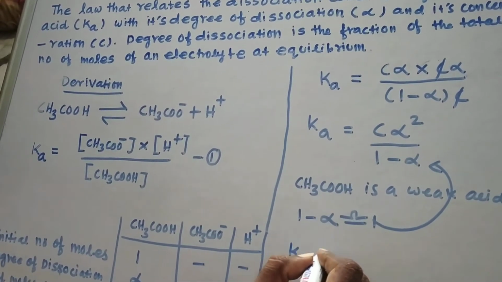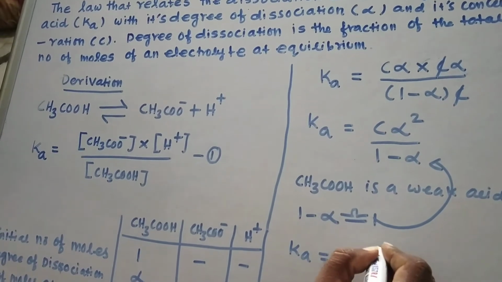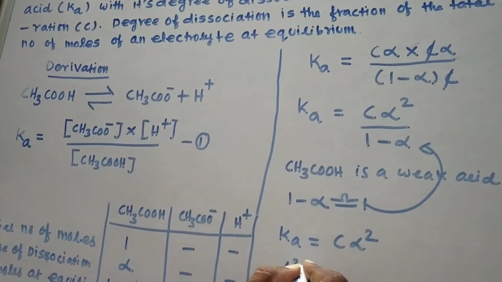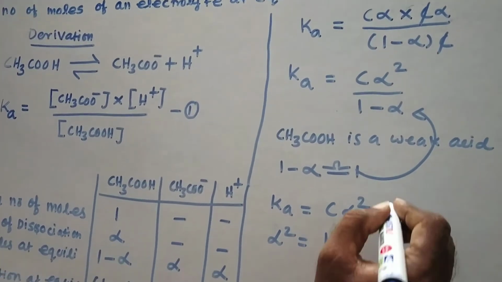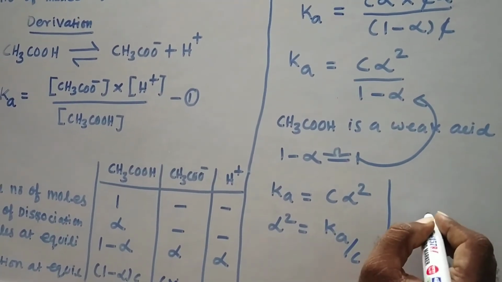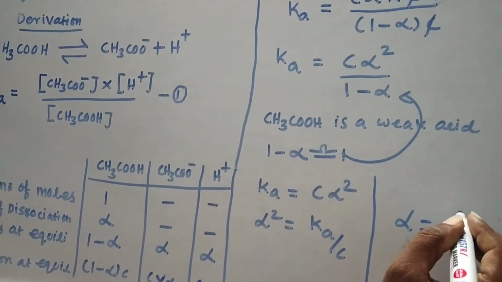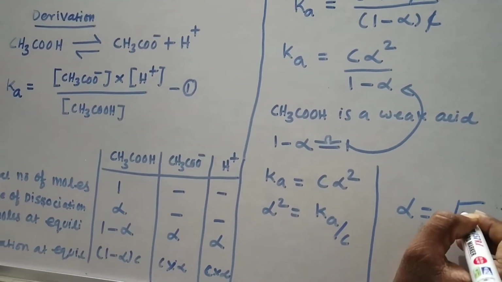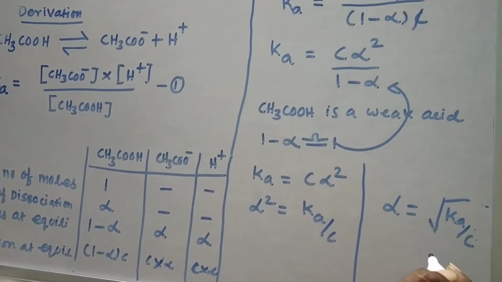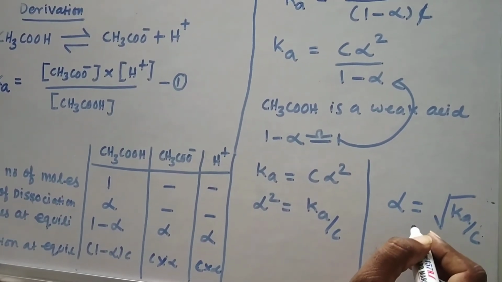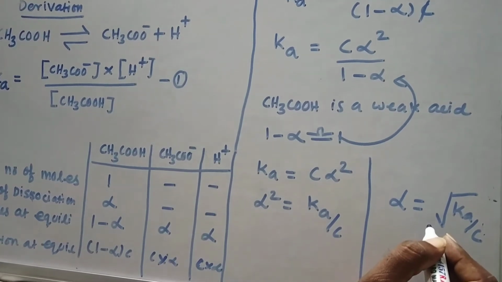Therefore Ka becomes C alpha squared. Then alpha squared is equal to Ka by C. Then alpha is equal to square root of Ka by C. So this is the value of alpha in the Ostwald dilution law.